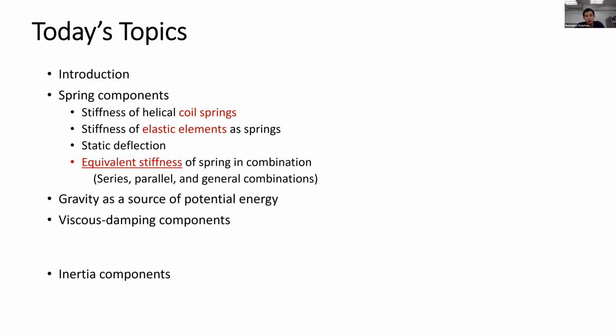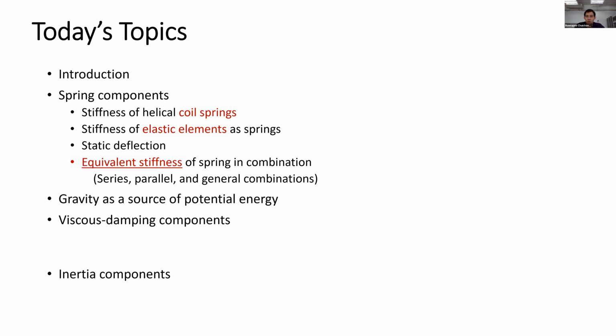And we're going to review the idea of static deflection before we consider the deformation of the spring in the initial state with the effect of gravity. The spring is already deformed in the initial state. We are going to talk about the static deflection.